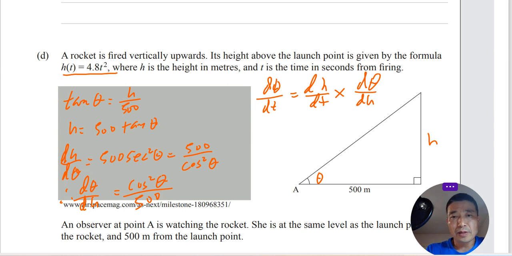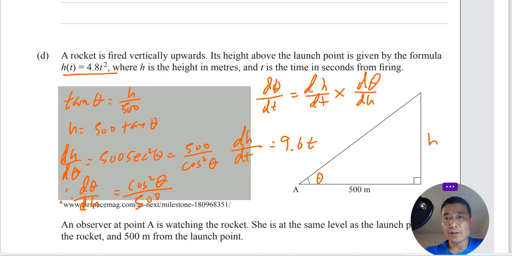Now, let's do dh/dt, which is 9.6t, isn't it? Right.